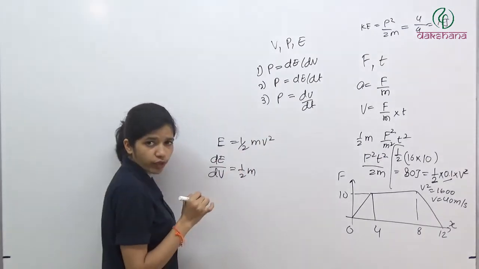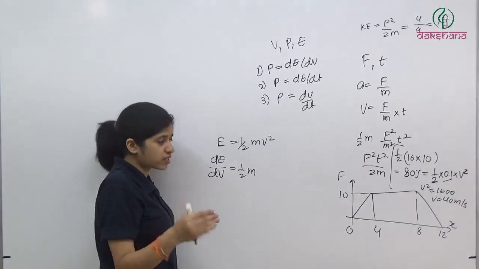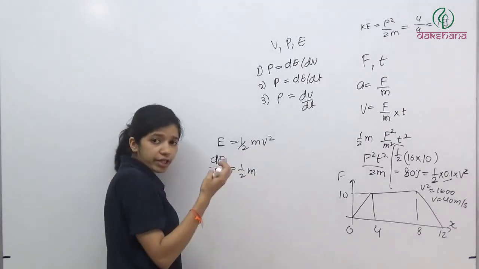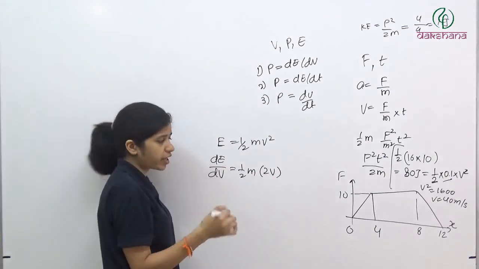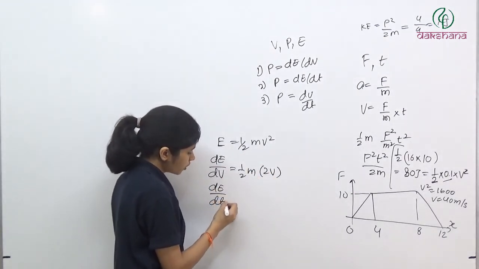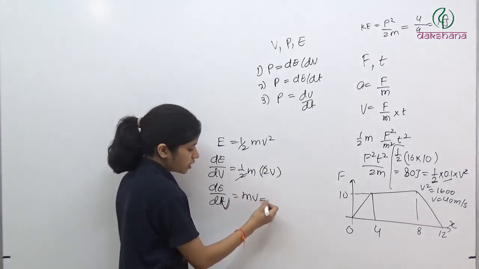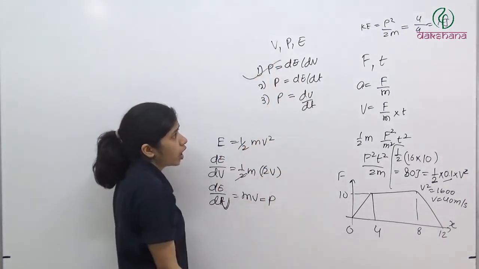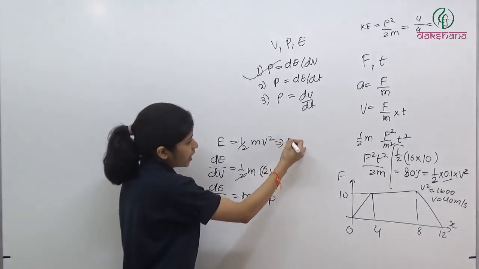Differentiate this with respect to V. Differentiation of x square with x is 2x. Similarly, differentiation of v square with v is 2v. Clear? We are differentiating with respect to v. So we got dE by dV is equal to mv. This is nothing but p. So this is correct.